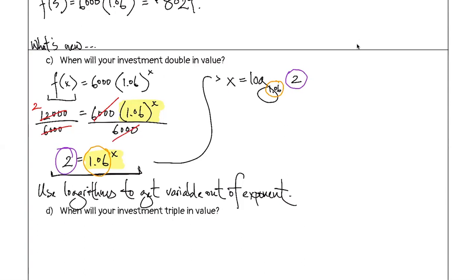Now, some calculators can handle this right now, but a lot of other calculators, you need to change the base so that you can type it into your calculator. And so what the change of base formula looks like is log of 2 divided by log of 1.06. Okay.